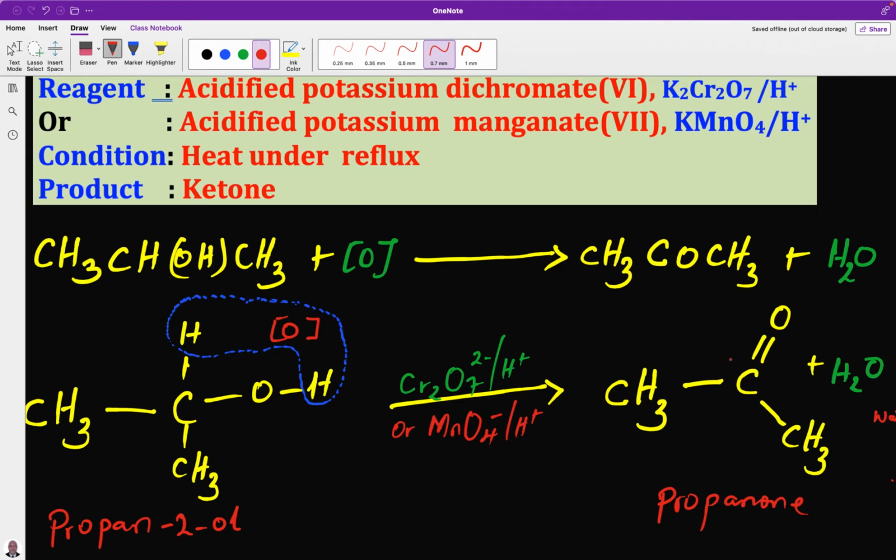Then we put in our secondary alcohol, which in this situation is propan-2-ol. Then we heat it under reflux, and the product that results from this procedure is propanone, and a molecule of water is released.